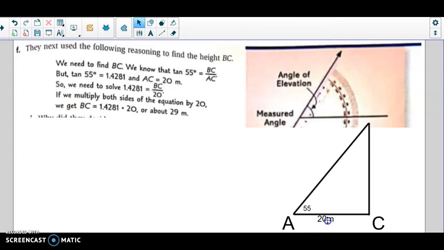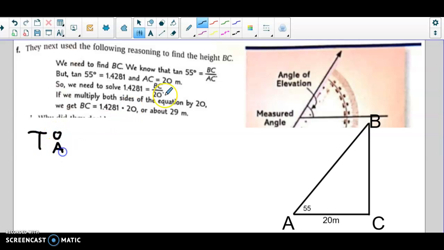So we know that tangent of 55 is equal to the opposite, AC, over BC. So this is ABC. If you didn't get a copy of it down, BC. We just talked about how tangent is TOA.